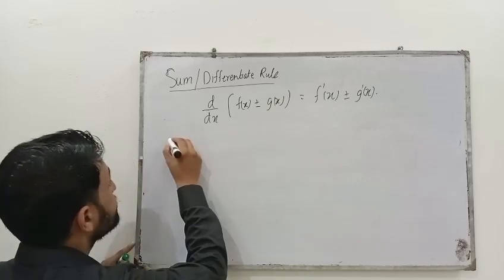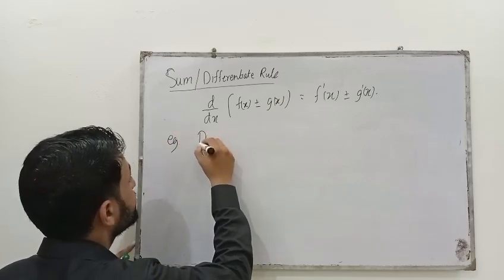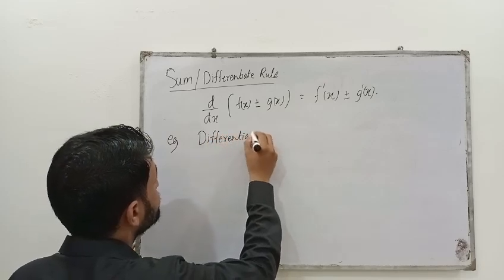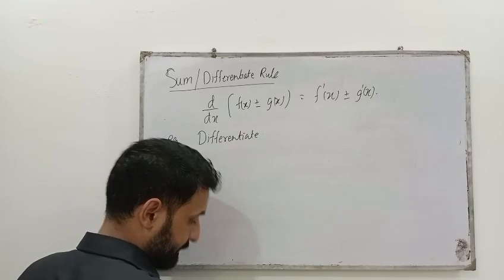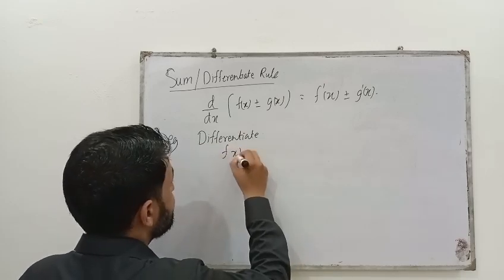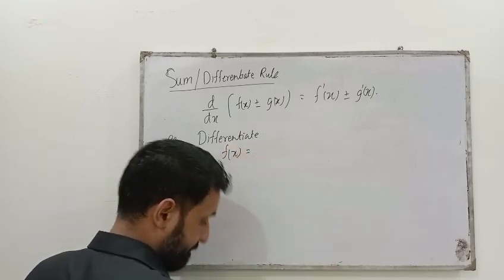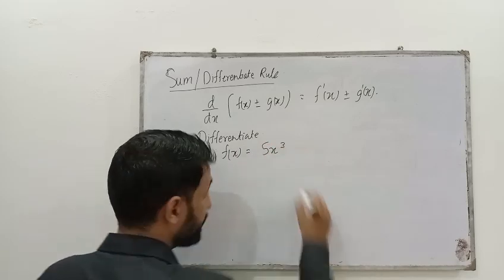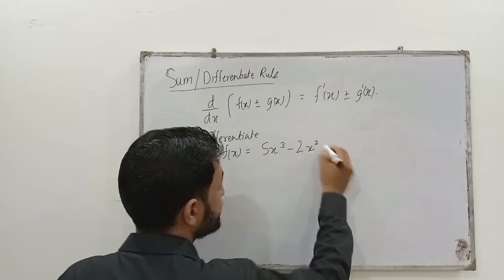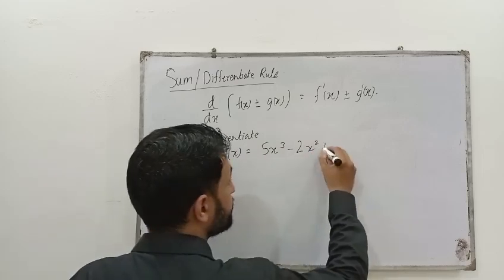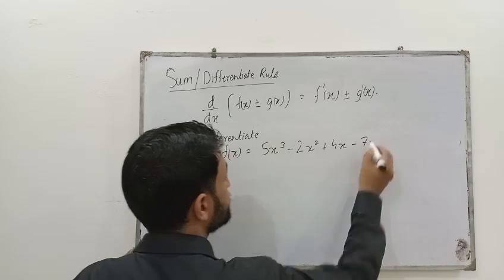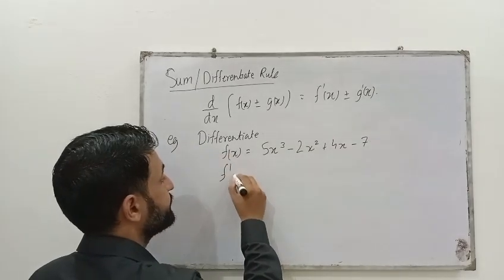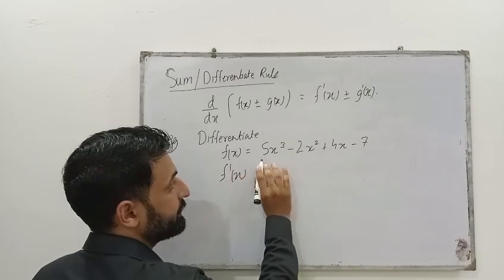Now we will do one example: differentiate 5x cube minus 2x square plus 4x minus 7. So how can we differentiate it? We will just differentiate it term by term.